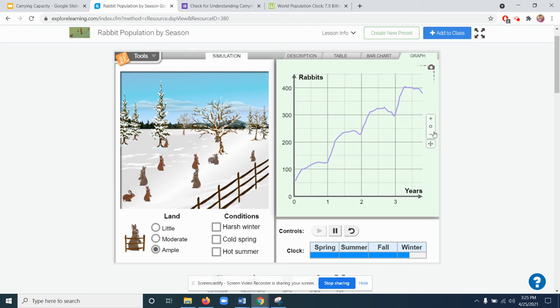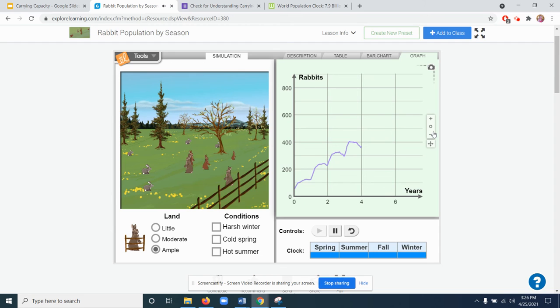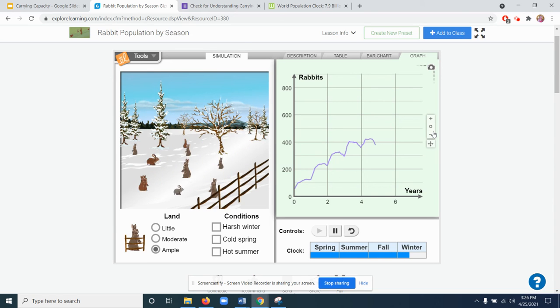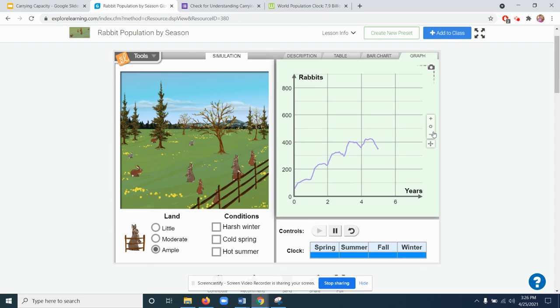Here you can change it so you can see the graph better. So what do you notice about the line? What's it doing? Goes up, dips, goes up.